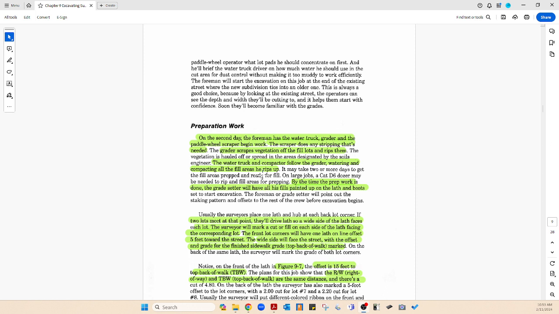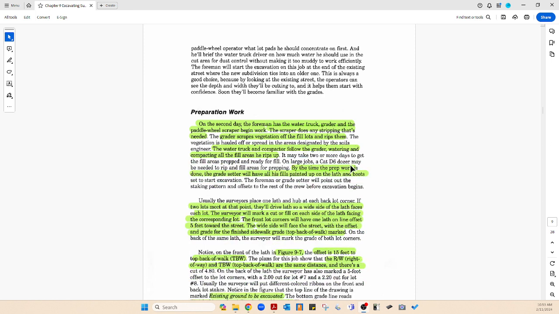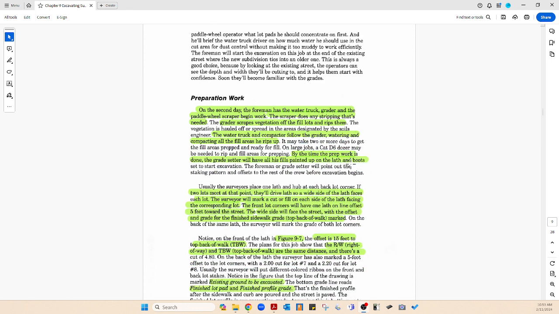Okay. All of this that I have highlighted that you see here under preparation work, I kind of went over what's in it in my notes, and then if you read on down here, what the book says in the second paragraph is: usually the surveyors place one lath and hub at each back corner of a lot.